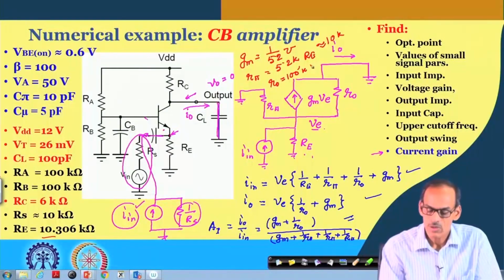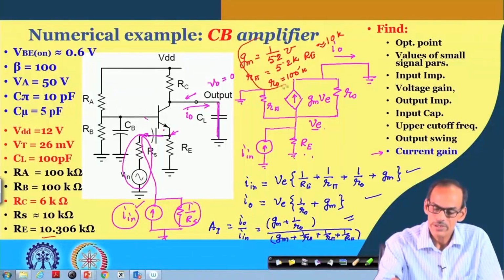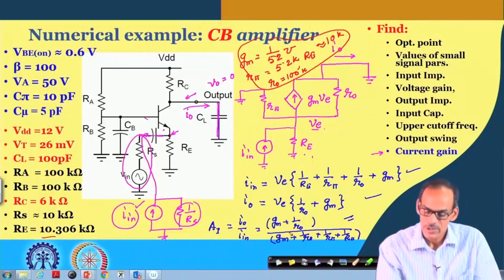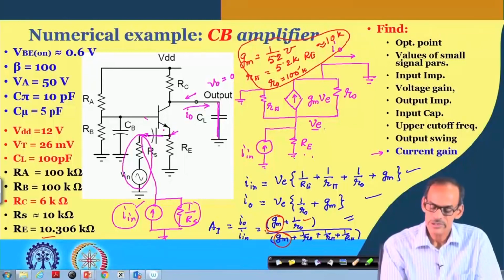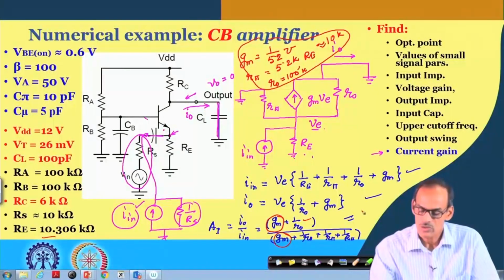By considering all these practical values of different parameters, naturally you may say that GM will be dominating over 1 by R naught. In the denominator also GM will be dominating. So we can directly say that this current gain is very close to 1.